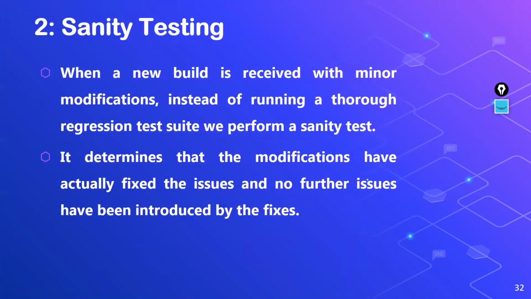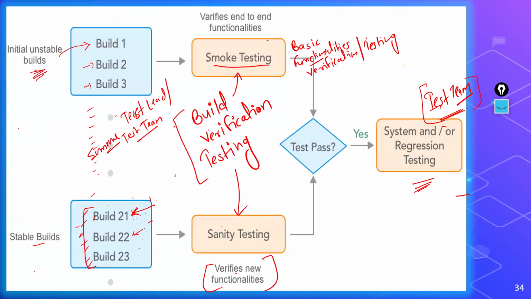Then came sanity. Sanity is when you are receiving a new build with minor modifications. We discussed that those modifications will make the build number go up. So what would you do here?